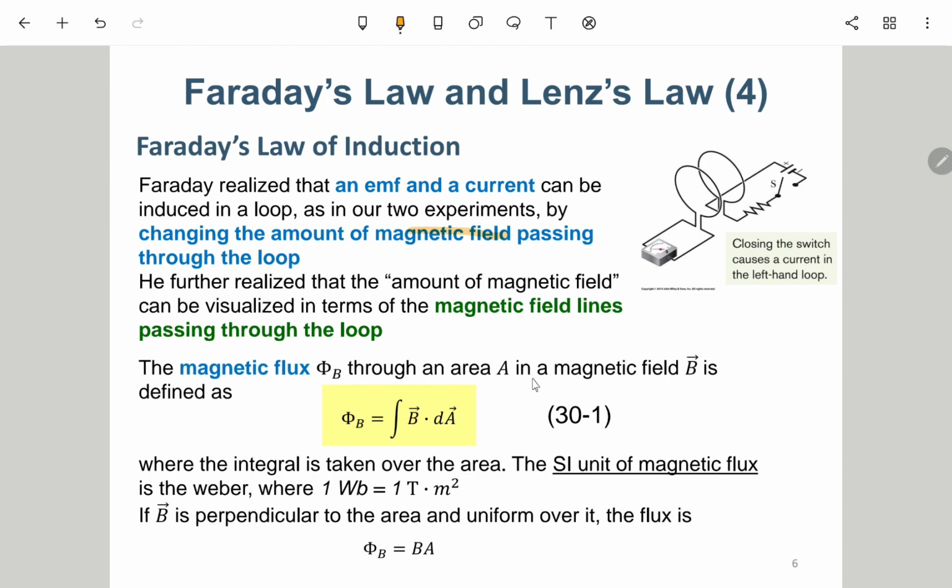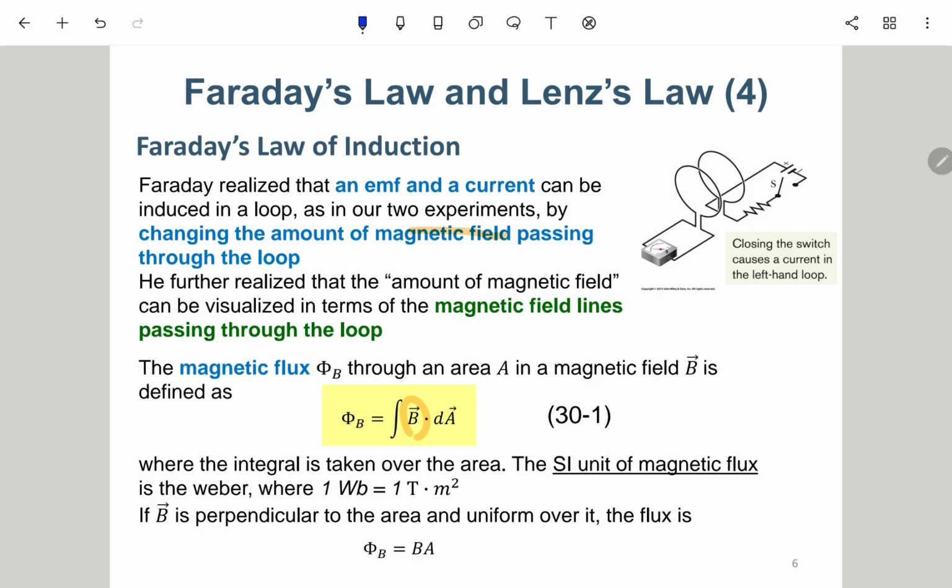through an area A in a magnetic field, or B field, is defined as this one. So we integrate the B field, B dot dA.